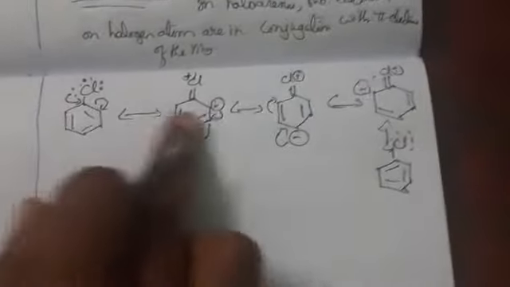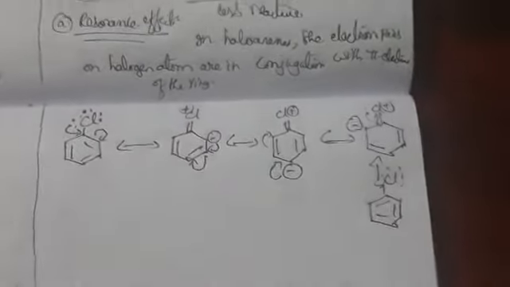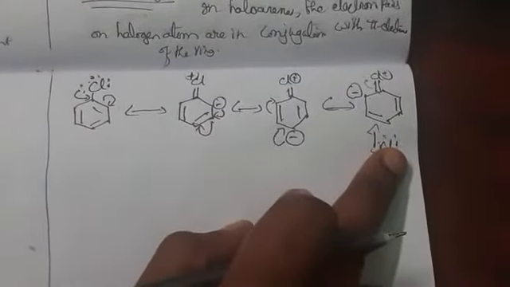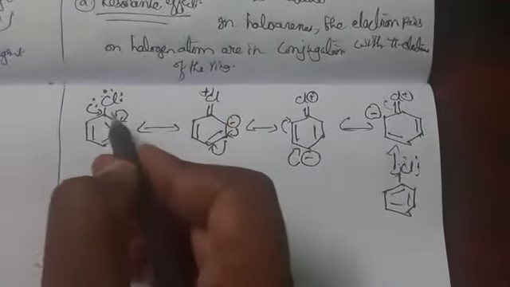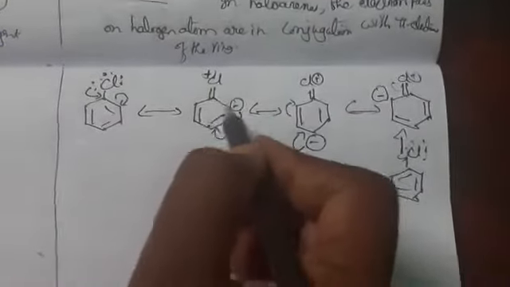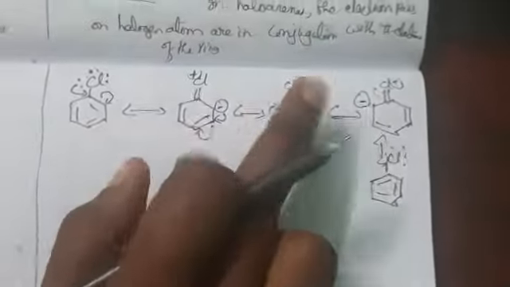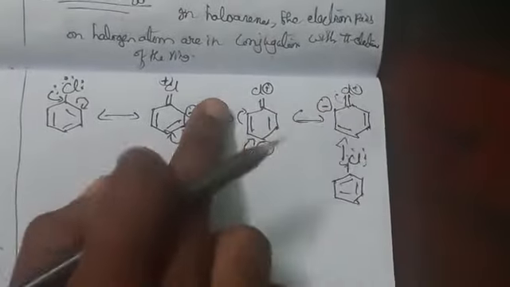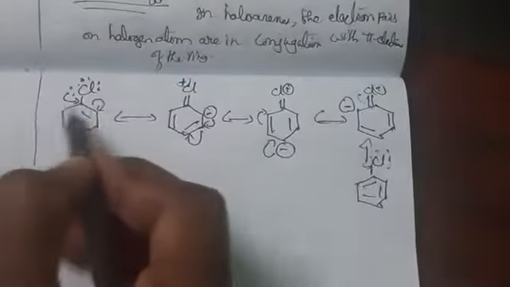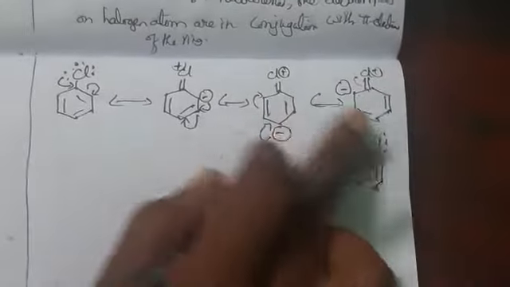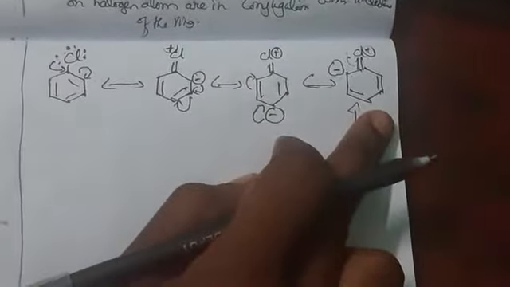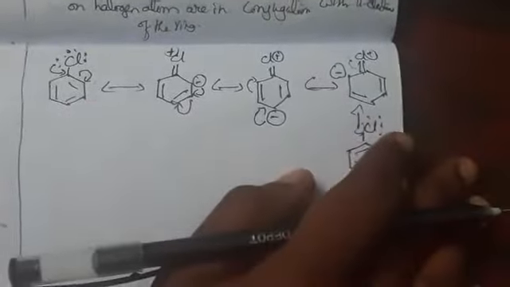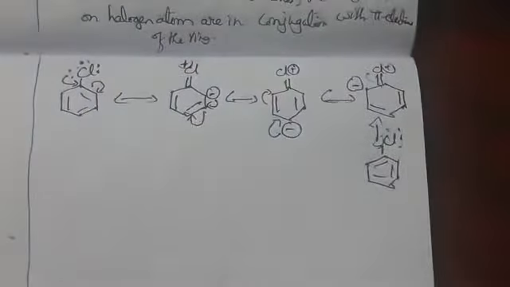So if you have seen, because of the resonance structures, the C-Cl bond acquires partial double bond character. Why? Because of resonance. So here we are breaking this bond. Due to this, cleavage in haloarenes is very difficult compared to haloalkanes.